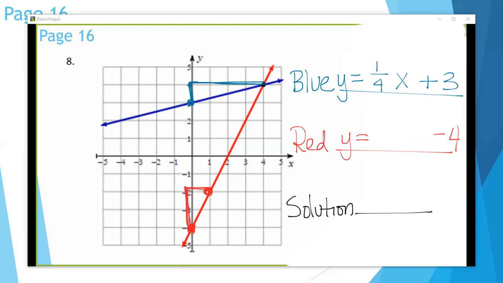So my slope is positive 2x. And the place where they intersect is right here. This is where they cross. So the x value is 4. And my y value is also 4. So my solution would be 4, 4.